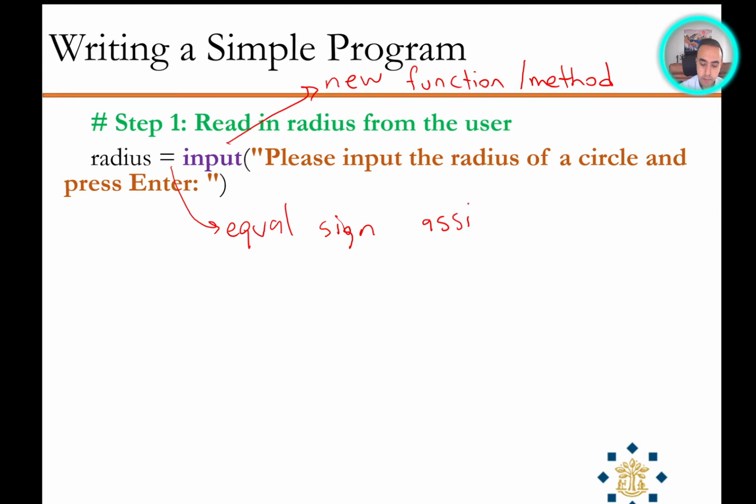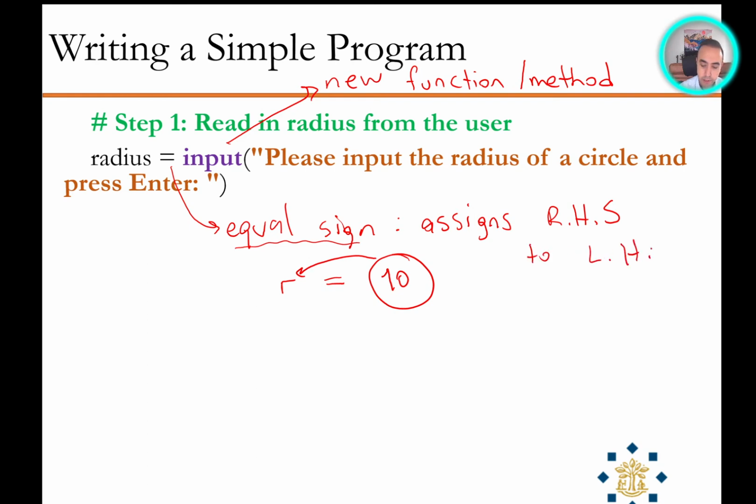assigns. So you have an equal sign. Let's say you have R, and then there is 10, okay? What the equal sign does is it assigns the right-hand side to the left-hand side.